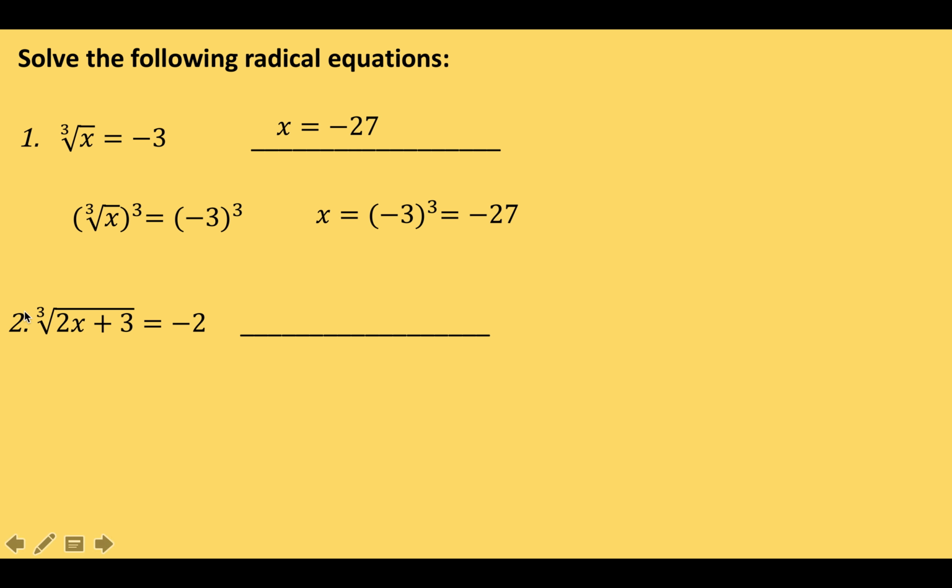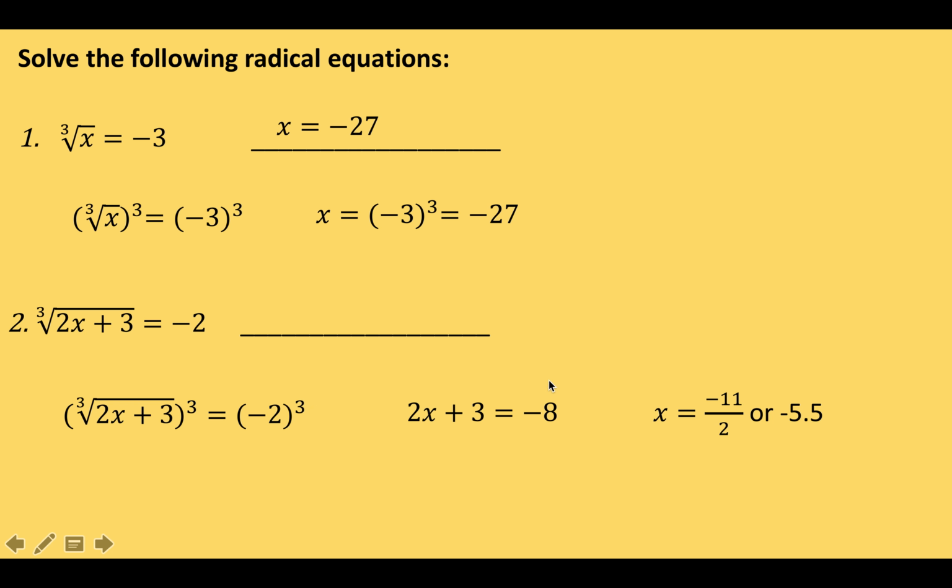For this one, again, we're trying to get rid of this cube root. So we're going to cube both sides and get rid of that cube root. So then we have 2x plus 3 minus 8, which happens when we have negative 2 to the third power.